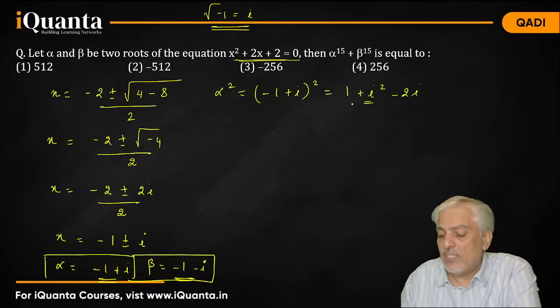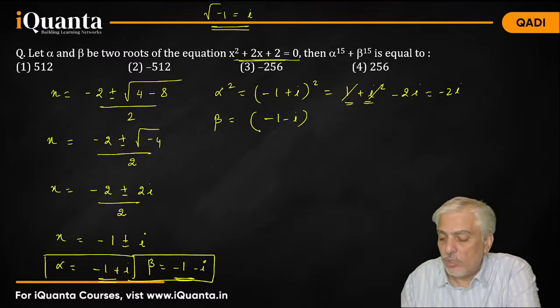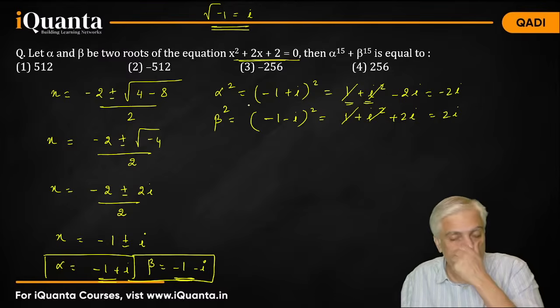I square is minus 1, so 1 plus I square will cut. So we are left with minus 2i for alpha square. What will be beta square? It will be minus 1 minus I the whole square. So what will I get? I'll get 1 plus I square plus 2i. This will again cut. Beta square is 2i.